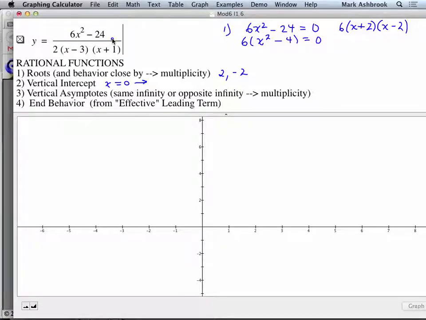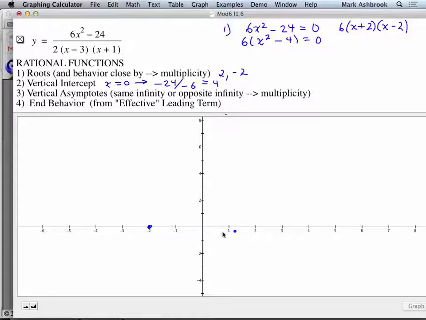You're trying to put the roots in. We want x to be 0. The y-intercept is when x is 0. So if you put 0 in for the factored form, it's 6 times 2 times negative 2. So you get negative 24 divided by negative 6, which is 4.